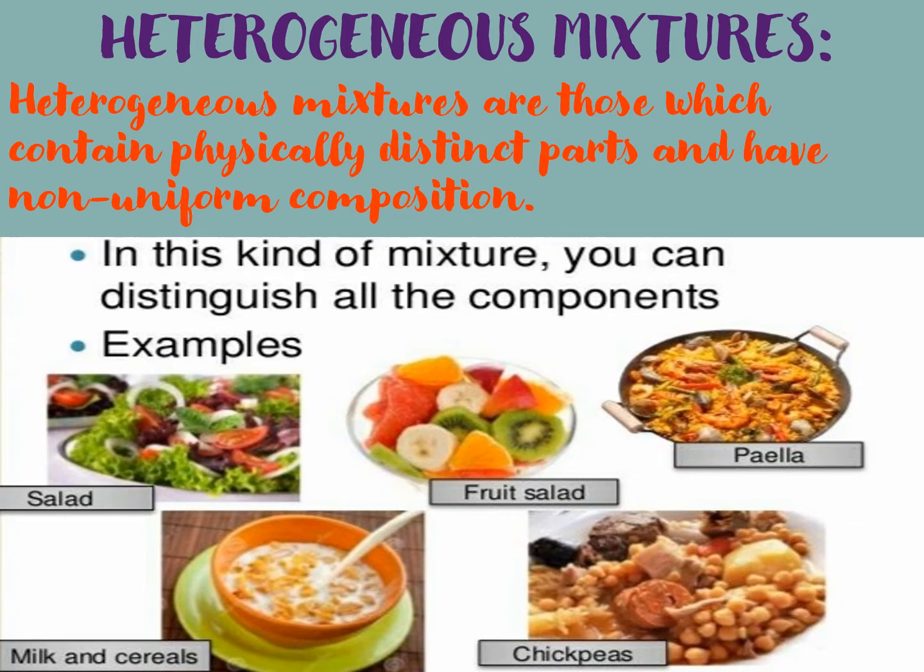For example, salad, fruit salad, milk and cereals, chickpeas, all these are examples of heterogeneous mixtures because they contain physically distinct parts and have non-uniform composition. I hope the basic things for homogeneous and heterogeneous mixtures are clear to you.